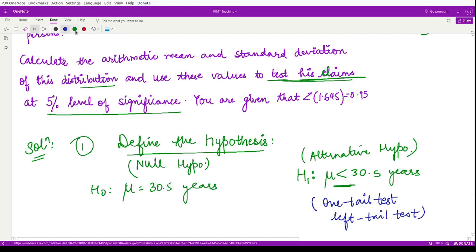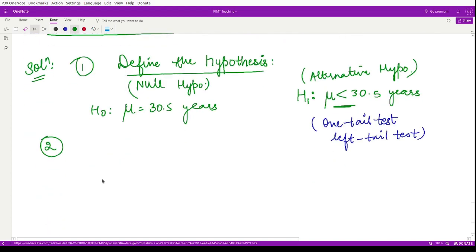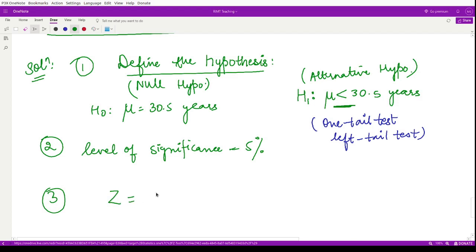Next, we wanted to test this at 5% level of significance. So your level of significance is equal to 5%. Third thing, you wanted to calculate your test statistic, which is given by x bar minus mu divided by sigma divided by square root n, right?